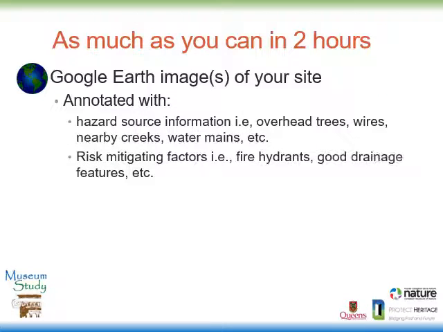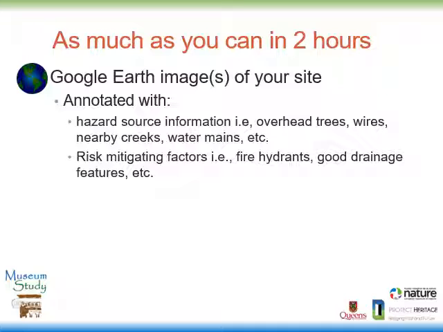And add in risk mitigating factors: you could locate fire hydrants on your Google Earth image, good drainage features, security lighting, quite a few things that you may be able to find.